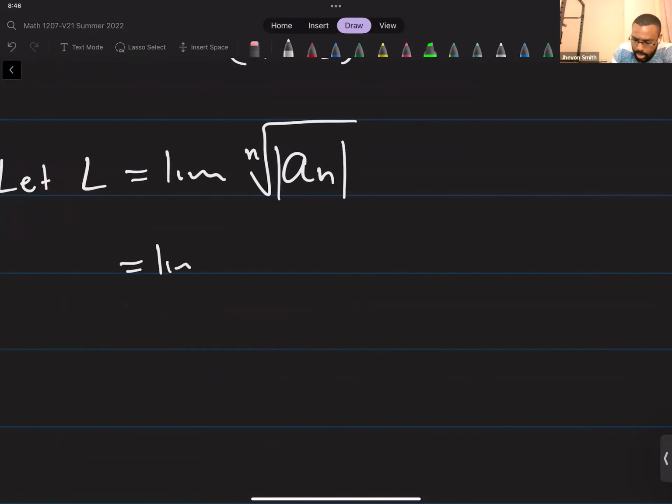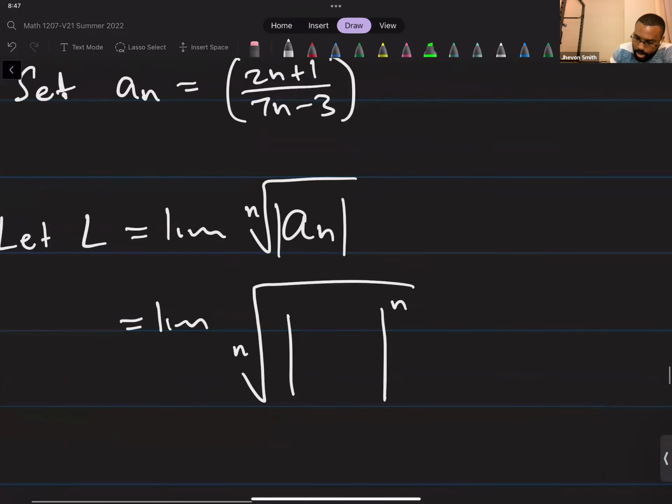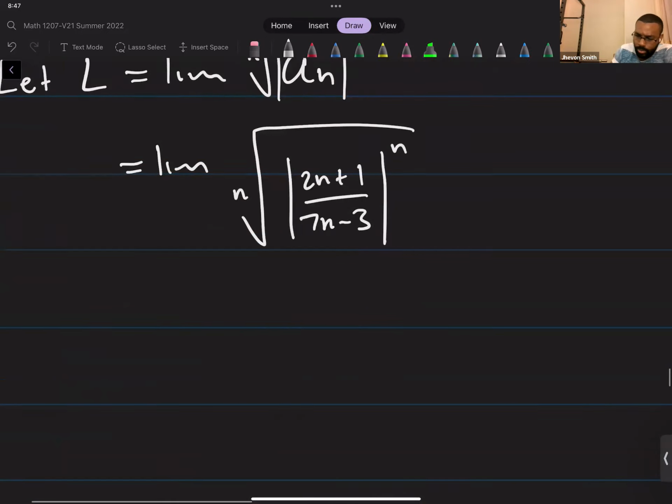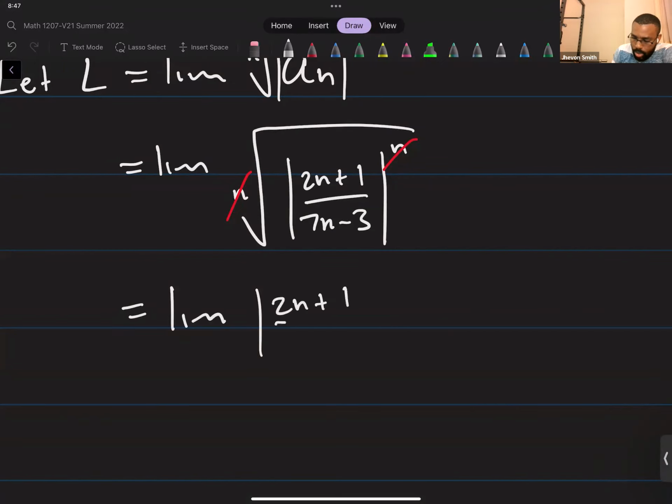So this would just become the limit of the nth root of the absolute value of this thing to the n. That's 2n plus 1 over 7n minus 3. So of course, the n cancels this, and you just end up with the limit of 2n plus 1 over 7n minus 3.